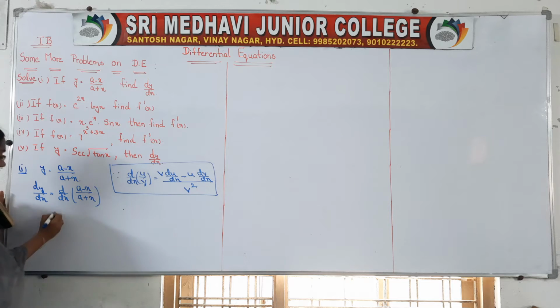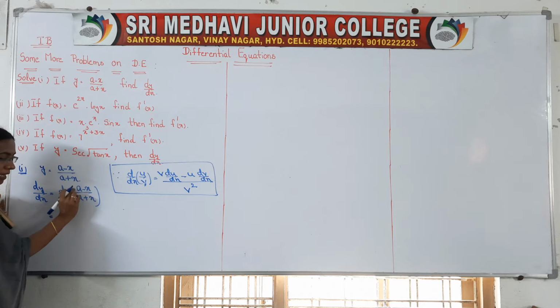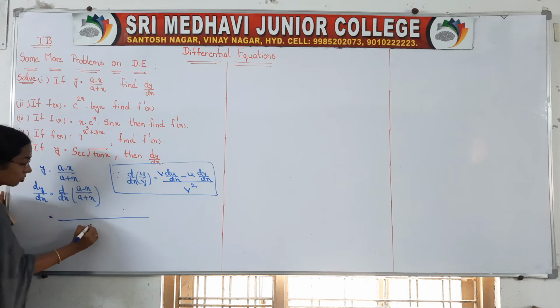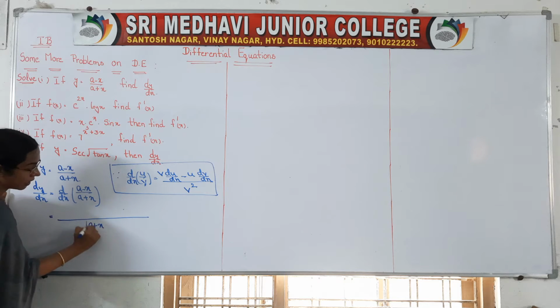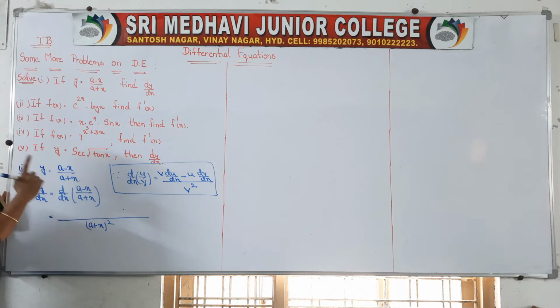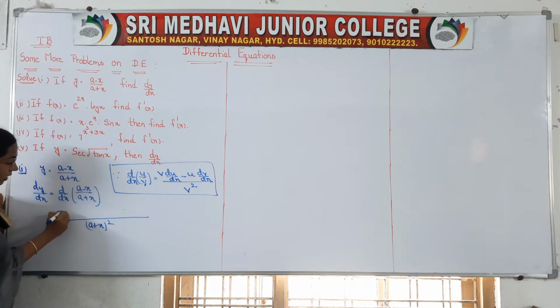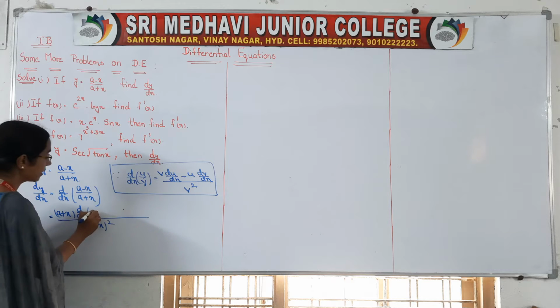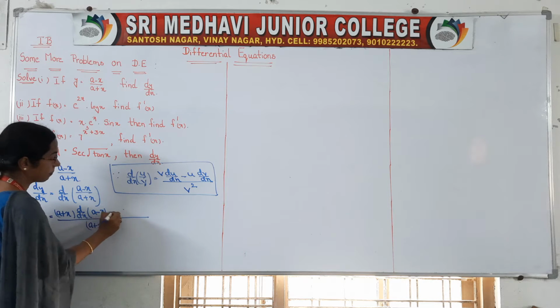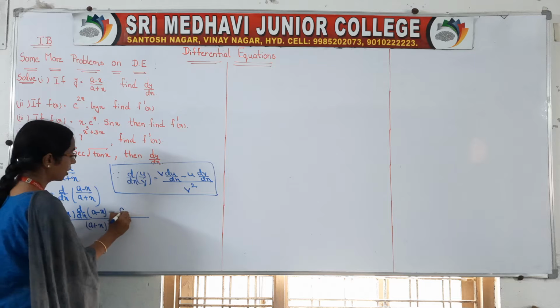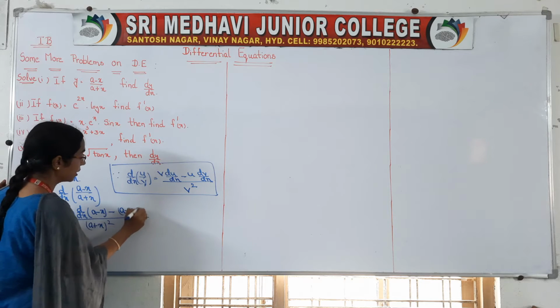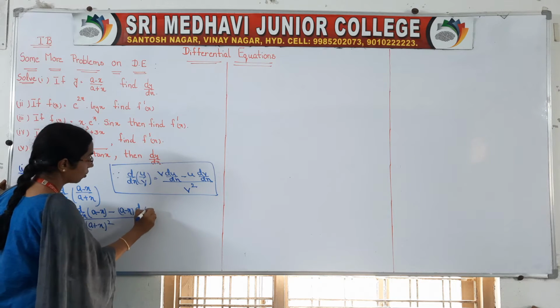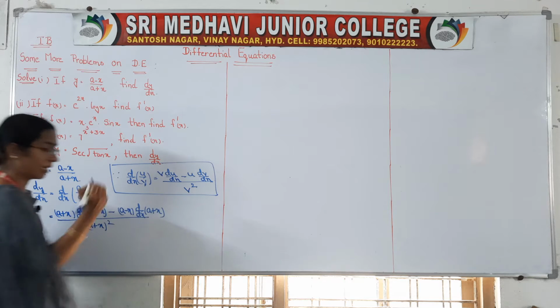Consider a minus x as u and a plus x as v. So downwards v square, it is (a plus x) whole square. Then it starts from v, so it is (a plus x) into d by dx of u, that is a minus x, minus next (a minus x) into d by dx of (a plus x).